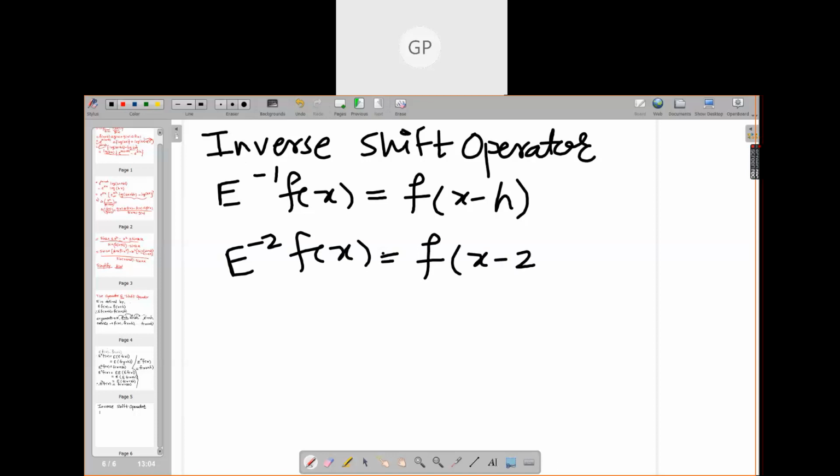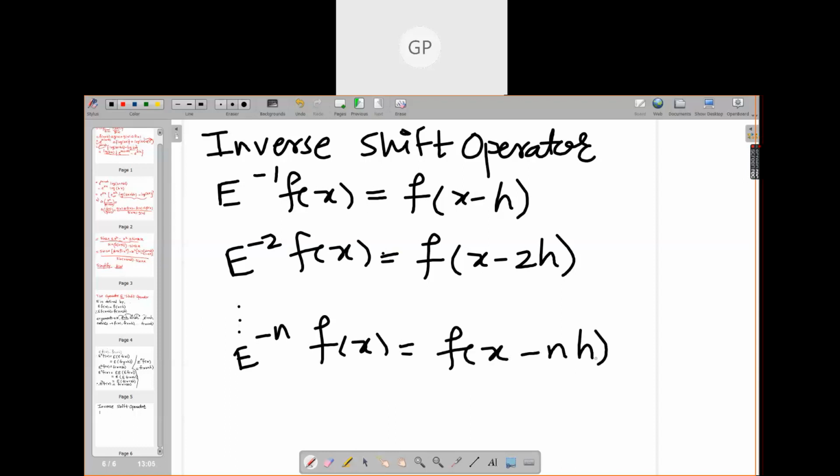It will be f of x minus 2h, and so on. You can continue this. E raised to minus n f(x) is equal to f of x minus nh.